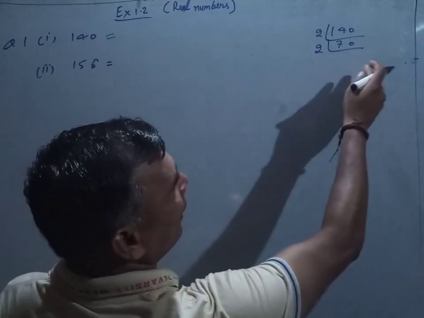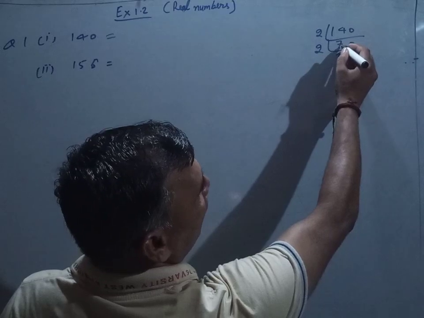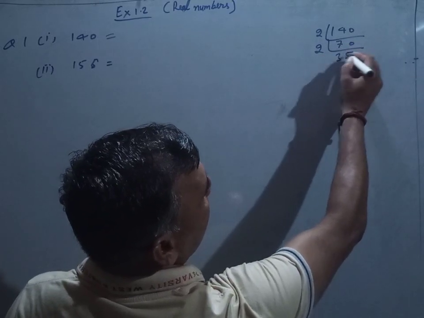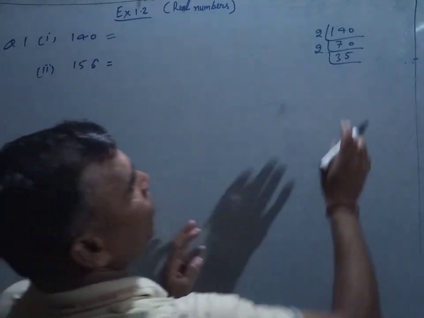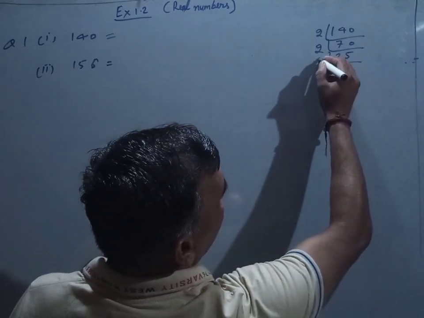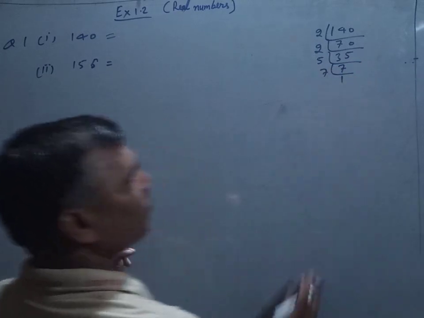We divide again by 2: 2 3s are 6, 1 left, so 10, 2 5s are 10. The unit place is 5, so we can divide by 5: 5 7s are 35, and 7 1s are 7.